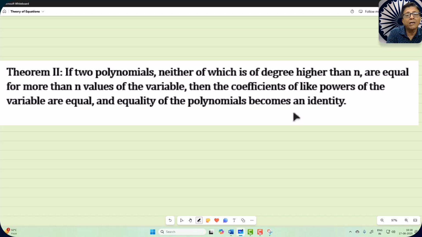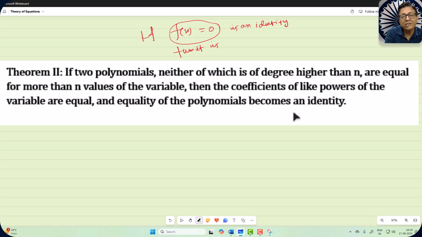If you say that f(x) equal to 0 is an identity, then it will be satisfied for all values of x. If f(x) equal to 0 is an identity, then it is true for all values of x.